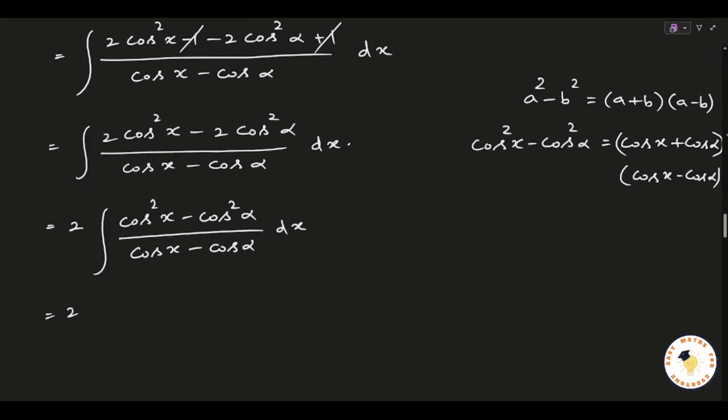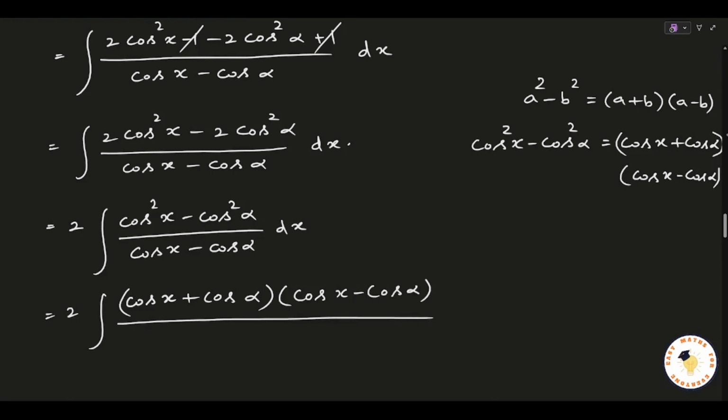Using that value here, we get cos square x minus cos square alpha equal to cos x plus cos alpha into cos x minus cos alpha divided by cos x minus cos alpha dx. Now you can see this term and this term entirely cancel.